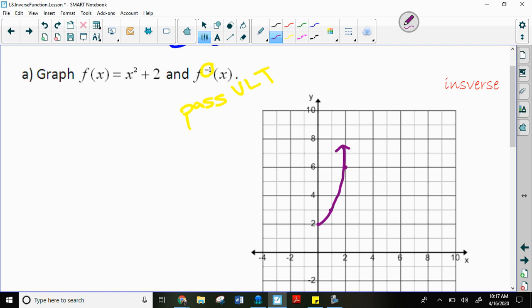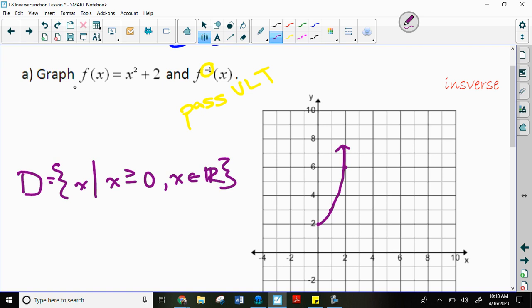So let's say that if we were to take the domain x such that x is only greater than or equal to 0, for x in the set of the reals, for this function, if we restricted it that way, the inverse would be a function. So this is the domain for f of x.